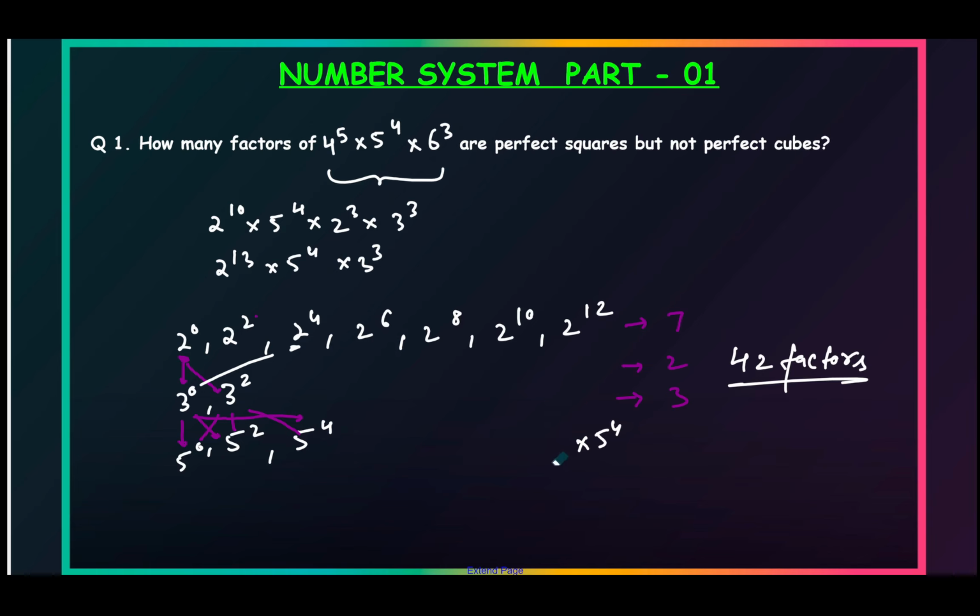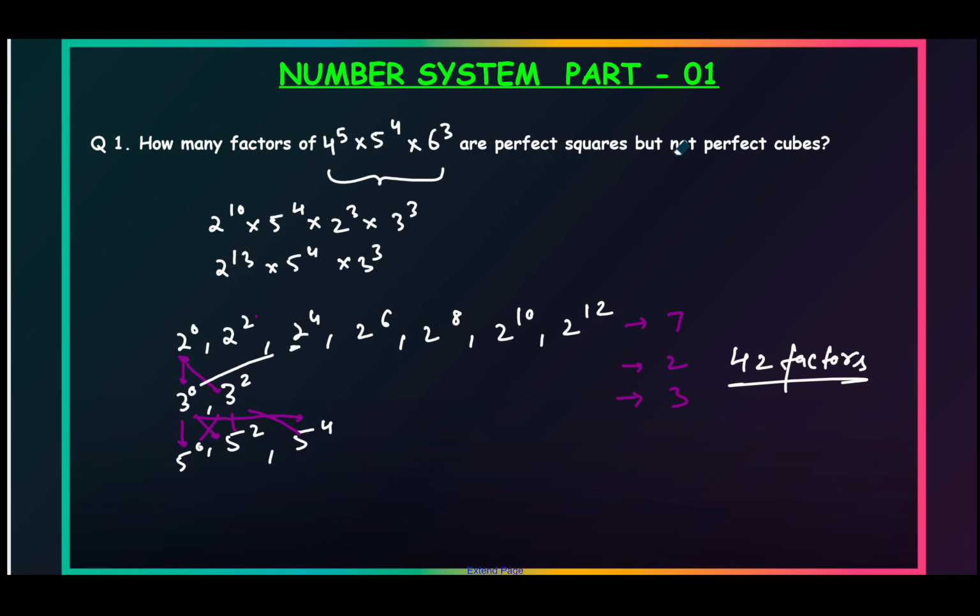So we have considered all the possible single-number, two-number and three-number product factors with this method, by adding the power zeros for all these three numbers.